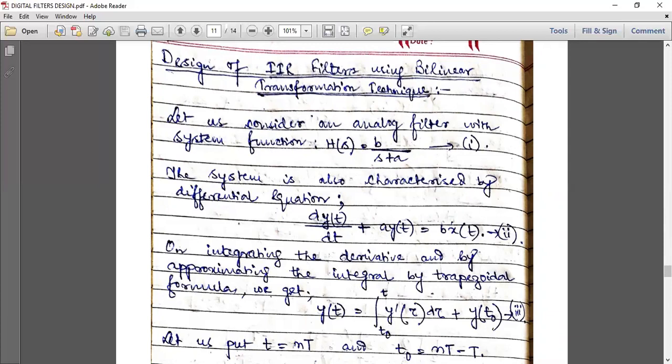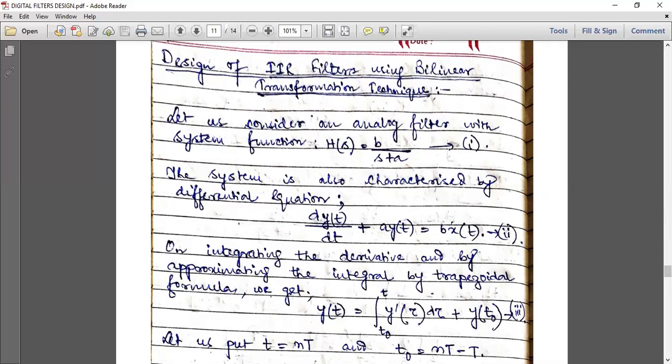Now, on integrating this differential equation and approximating the integral by the trapezoidal formula, you need not go deep into the trapezoidal formula; you just need to remember equation 3 given in my note. Just remember the equation because you don't have so much time.